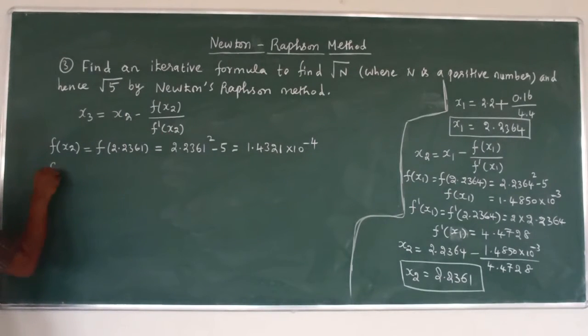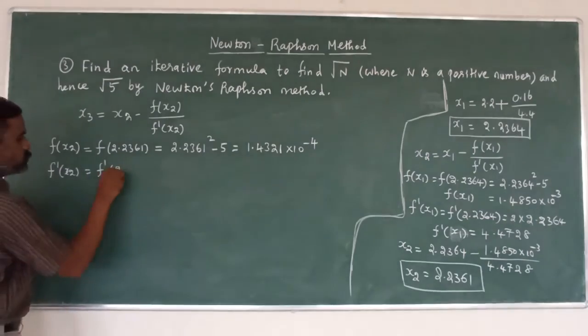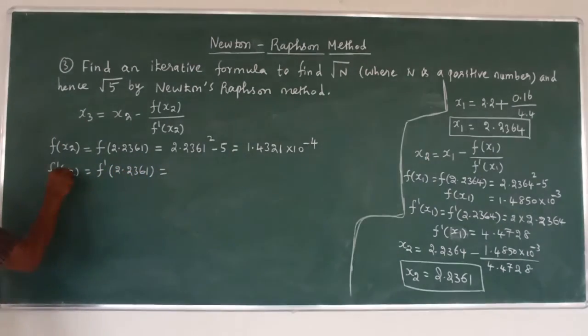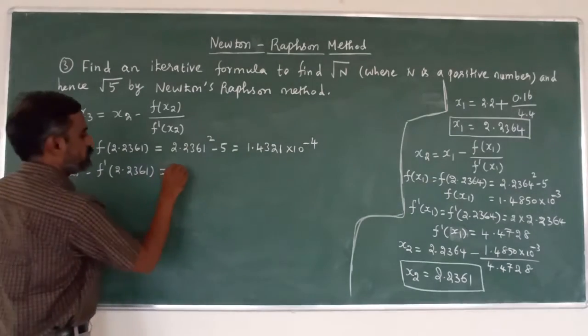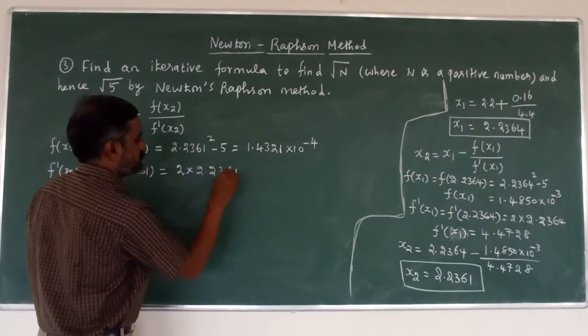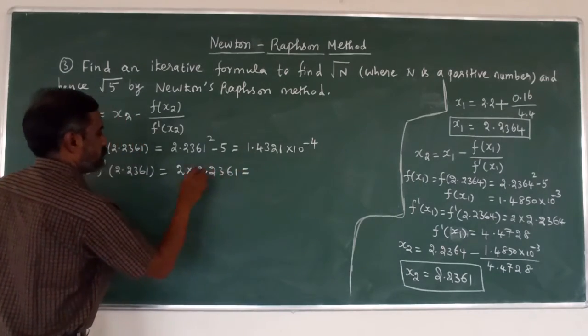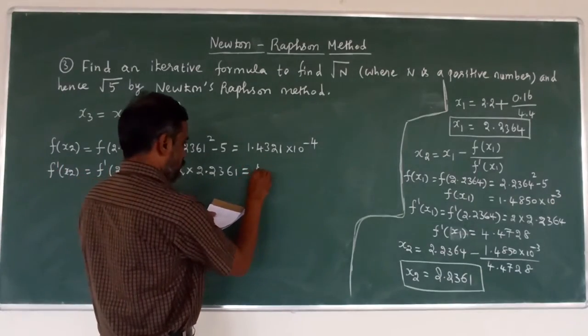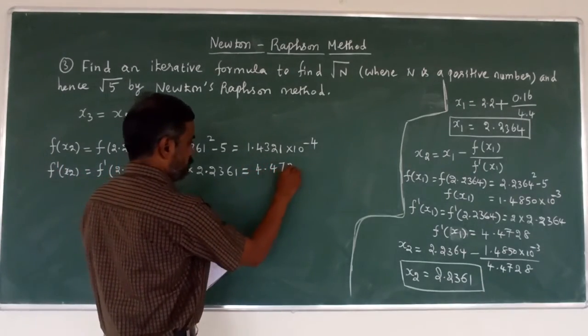Next, f dash x2 equal f dash 2.2361. Here f dash x2 is 2 into x value 2.2361. Now to multiply these two, we get the result 4.4722.